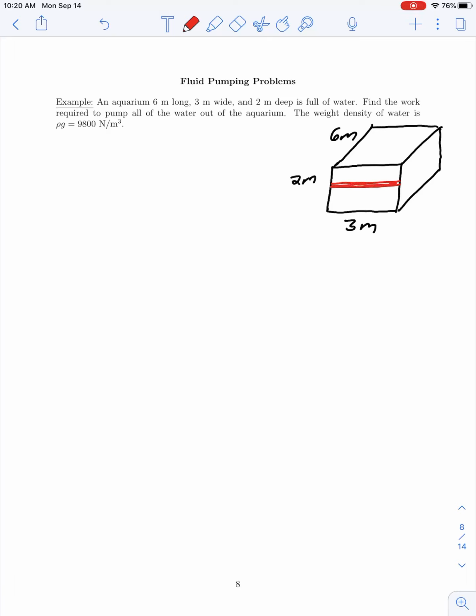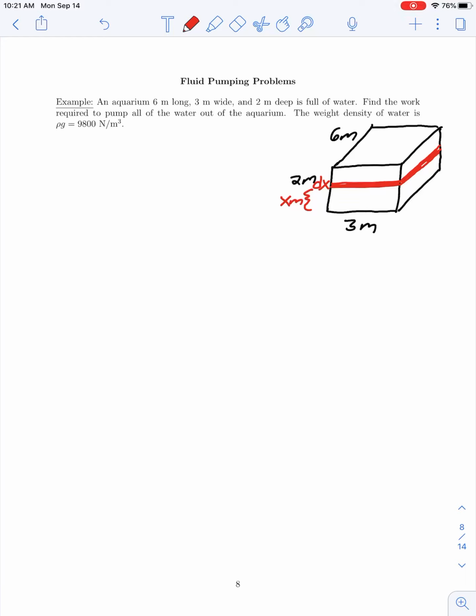So let me take a slice through this tank of fluid. I get a little slab of water, and the thickness of this slice I'll refer to as dx, so dx meters. And I'm going to take this slice at a distance of x meters from the bottom of my tank.